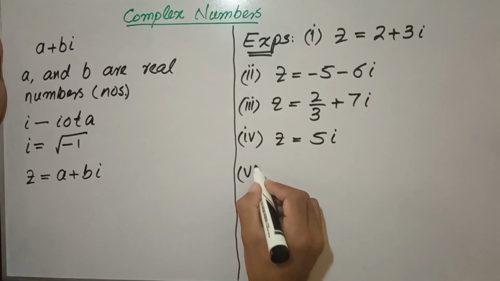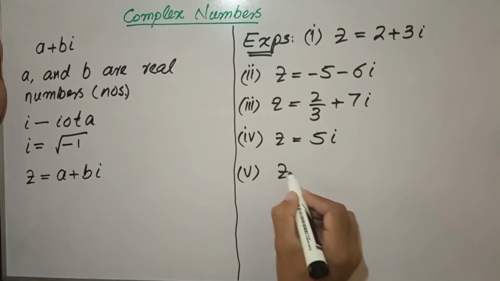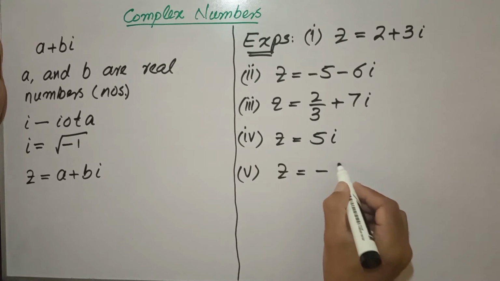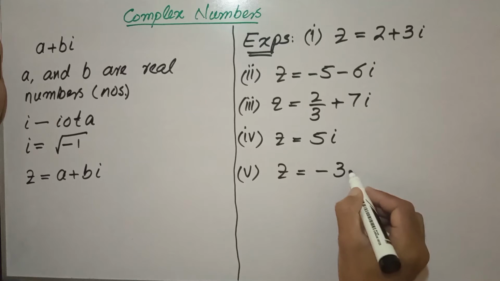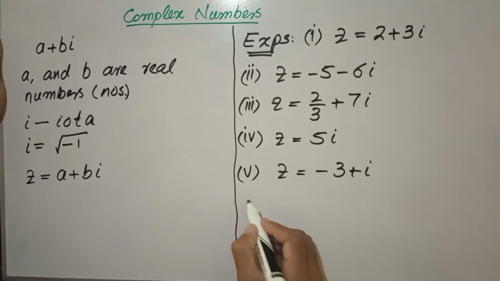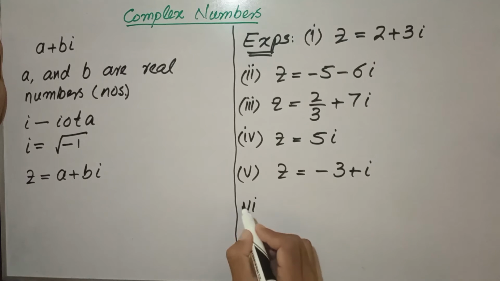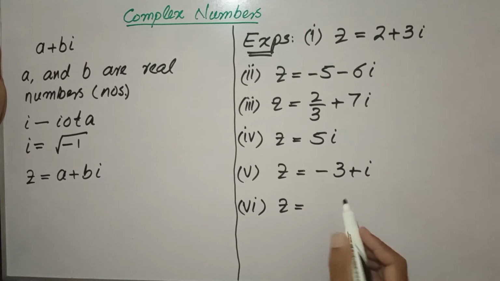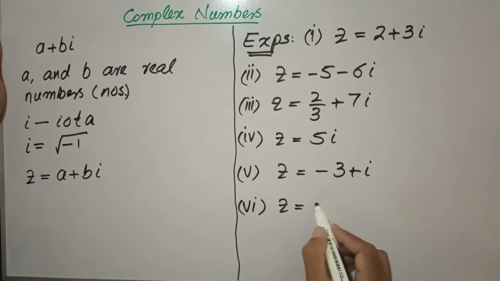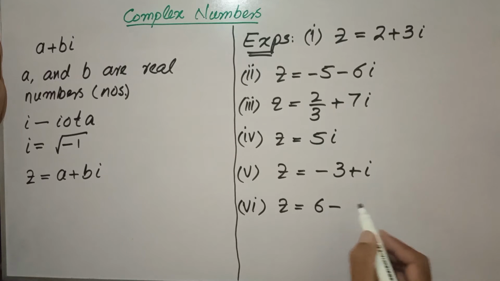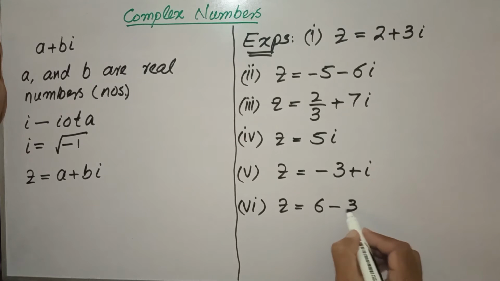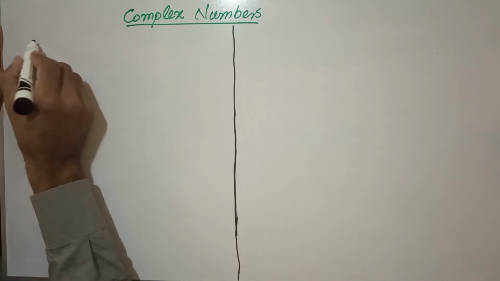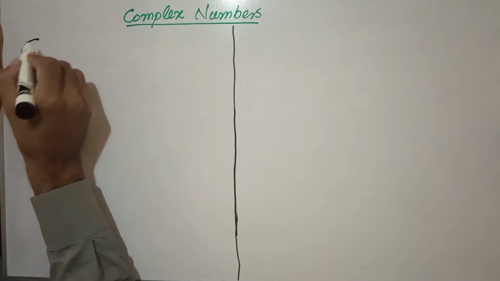Then we can also have z is equal to -3 plus iota, or z is equal to 6 minus 3 iota. The set of complex numbers is denoted by the capital C.